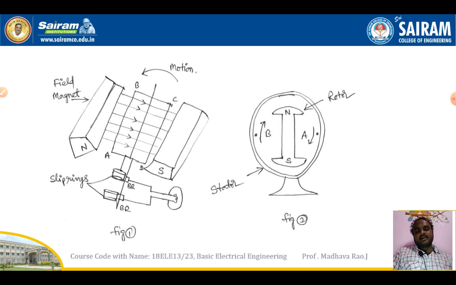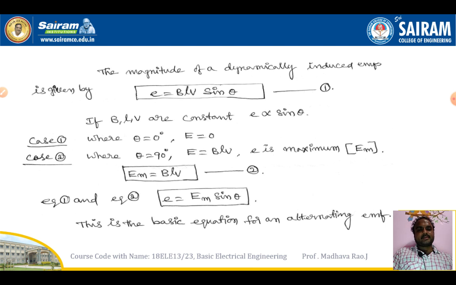According to Faraday's law of electromagnetic induction, the dynamically induced EMF is given by e equal to BLV sin theta. Once the coil rotates, EMF will be induced, as the coil cuts the magnetic flux. According to Faraday's first law, whenever a conductor cuts the magnetic field, EMF will be induced.